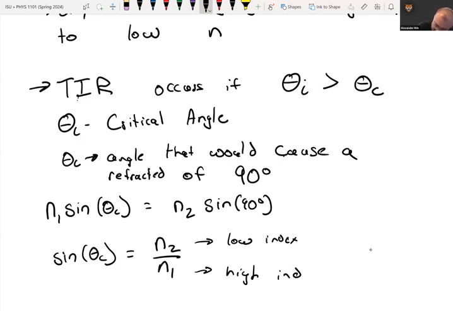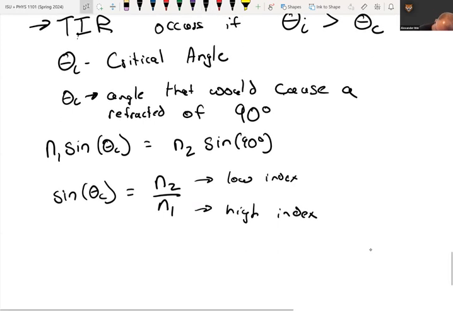This is not going to work if N2 is greater than N1, because you'd fall into the same trap of calculating a critical angle for a sine that results in something greater than 1. So it only works if N1 is greater than N2. That is worth remembering.